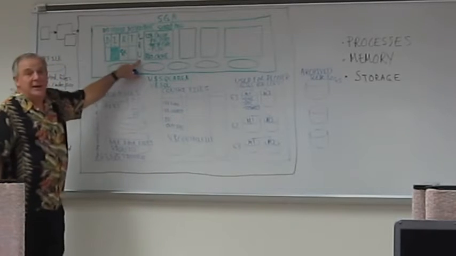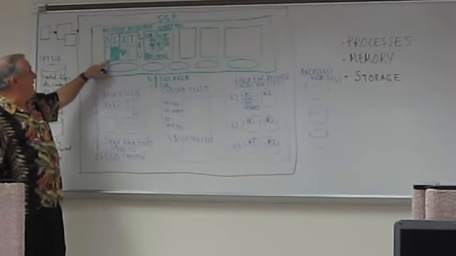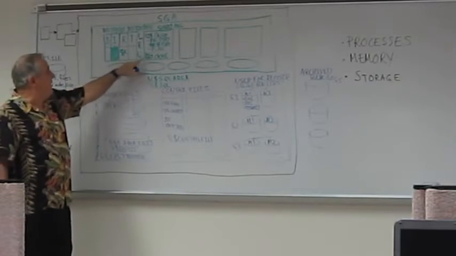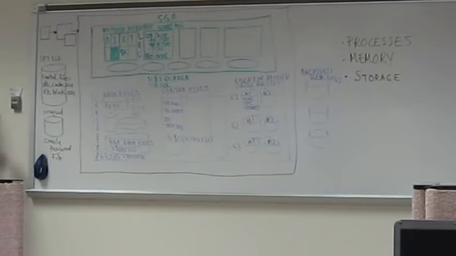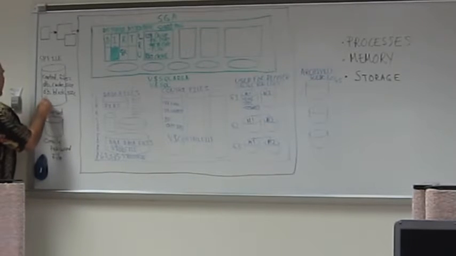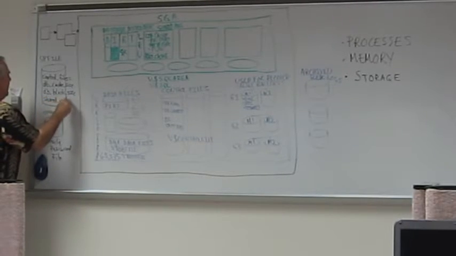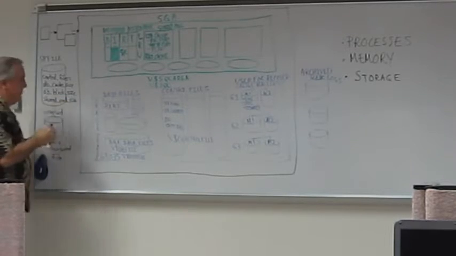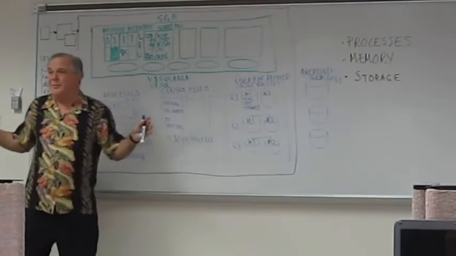And by the way, the least recently used algorithm not only gets applied to the database buffer pool, but it also gets applied to the shared pool. And there's a parameter in your SP file that controls the size of the shared pool, and it's shared_pool_size.